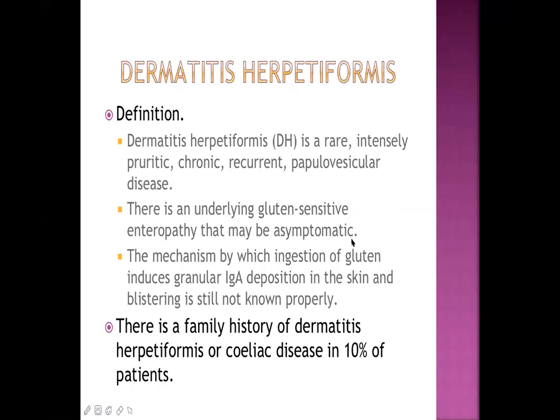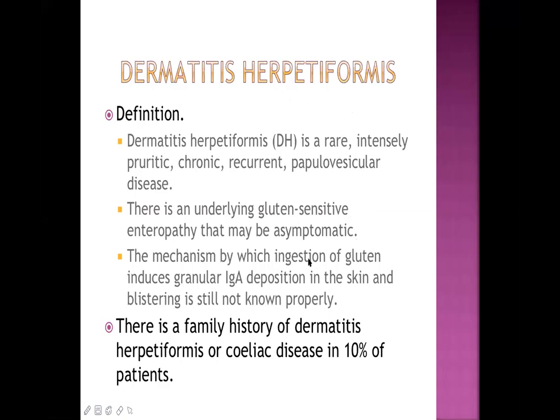The same thing is written here as well. They are having that thing inside, but they are not showing any symptom and sign. And on top of that, they may be having dermatitis herpetiformis. These gluten containing foods are wheat, rye, and barley. So if somebody is taking them, then they can have dermatitis herpetiformis also.